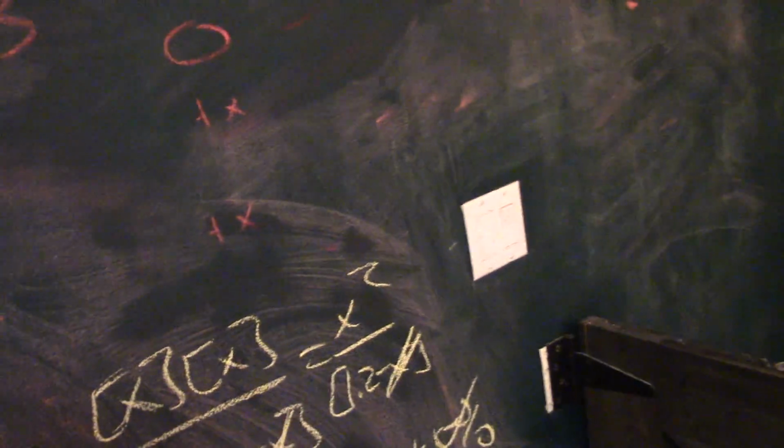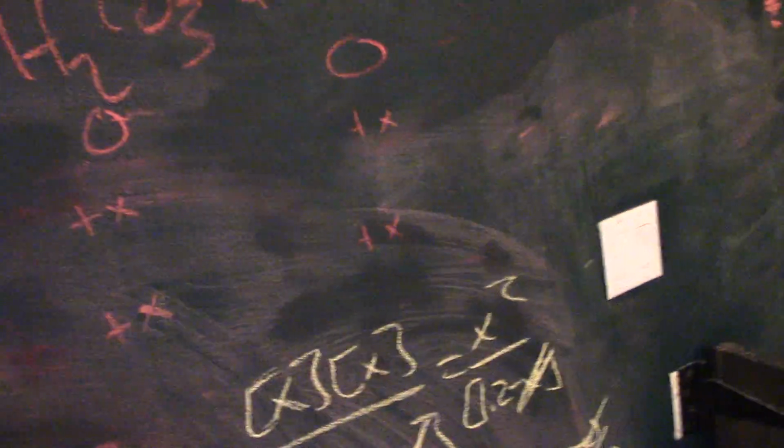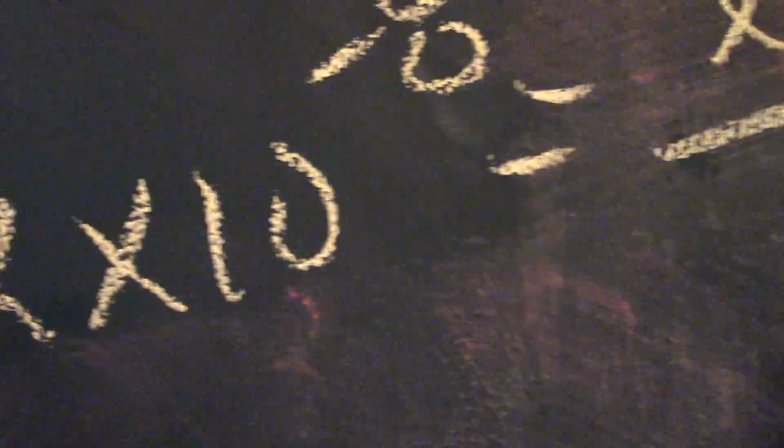All right, so let's solve for the x value. My Kb is 2.22 times 10 to the negative 8, and that's going to equal x squared over 1.2.